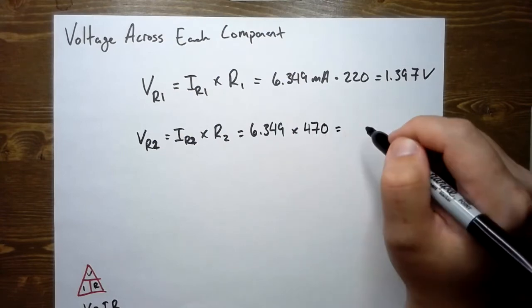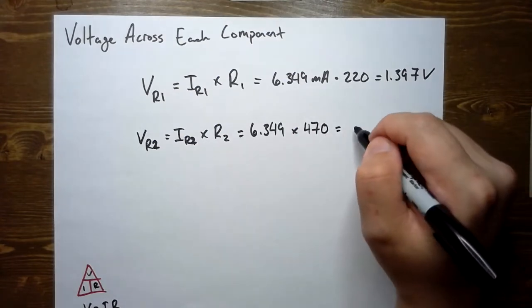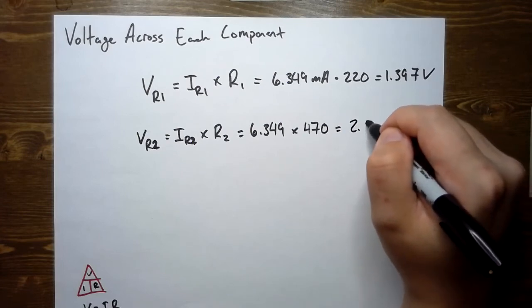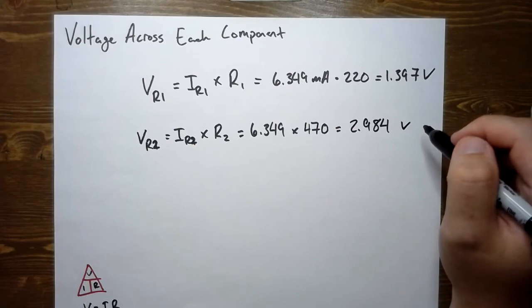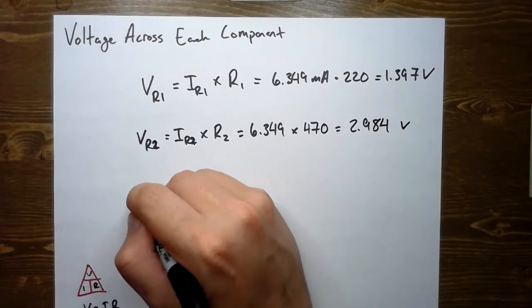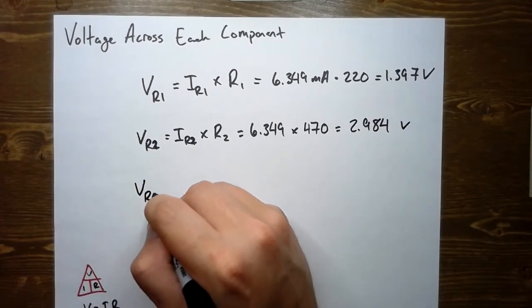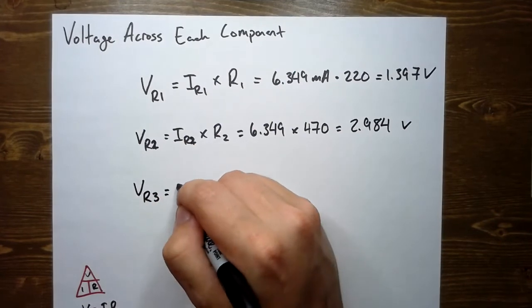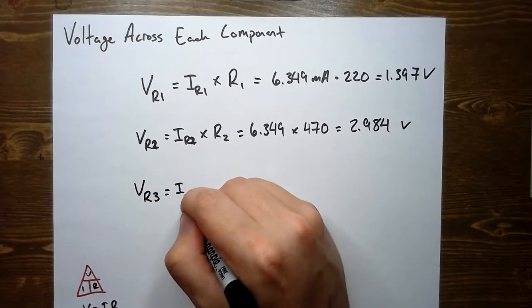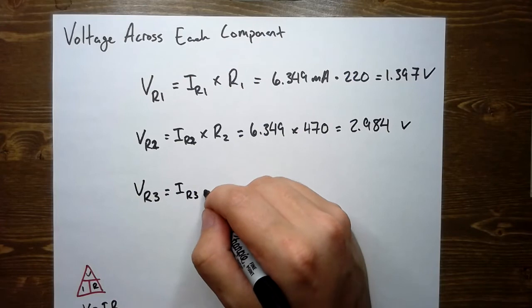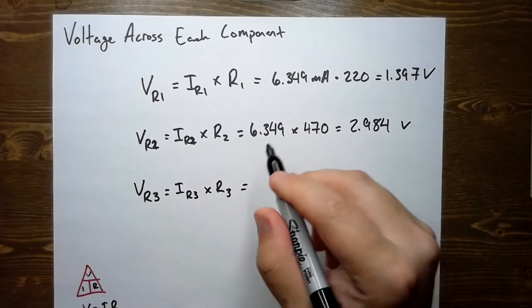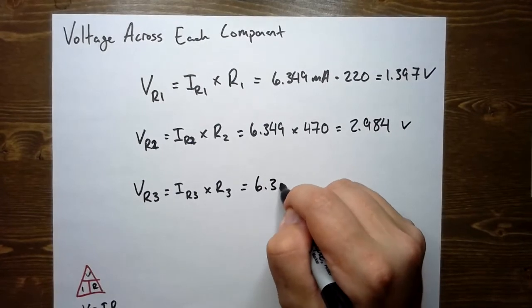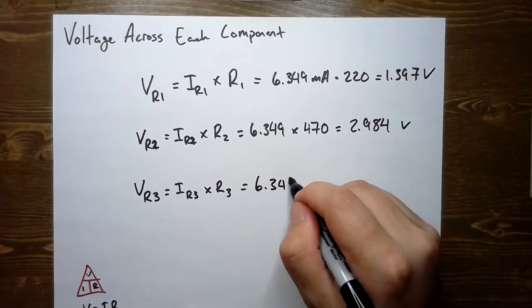And this one will be equal to 2.984 volts. And then finally, we have the voltage of resistor 3, which is equal to the current across resistor 3 times the resistor value of 3, which is that same 6.349 milliamps.